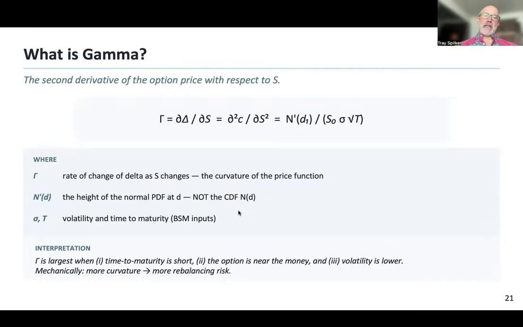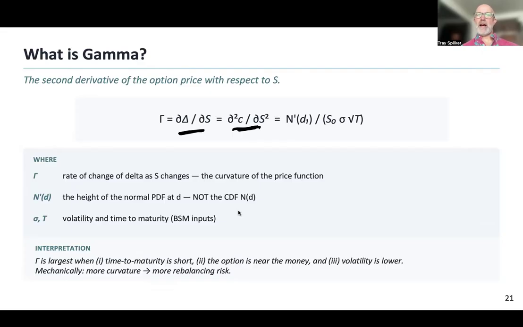In terms of the definition for gamma here, gamma is just the second derivative. Formally, at least, it's the second derivative of the option price with respect to the underlying shares. Another way to put that is it's the change in the delta with respect to the underlying share price, right?